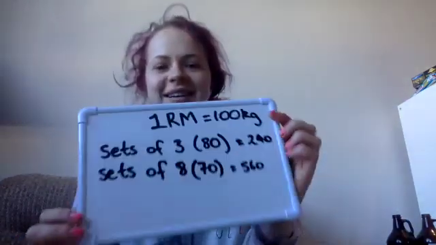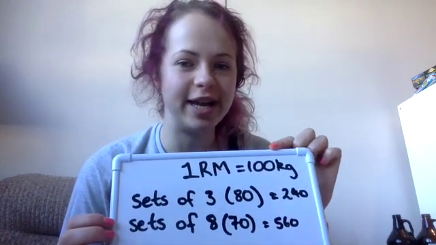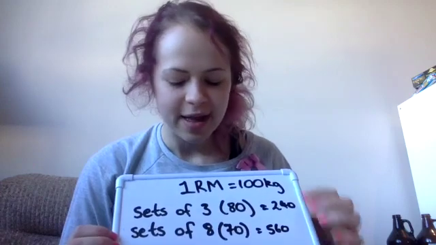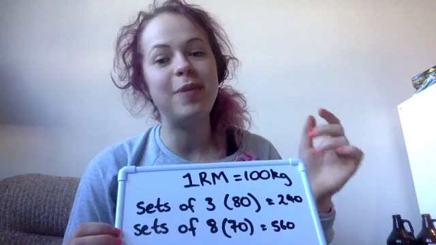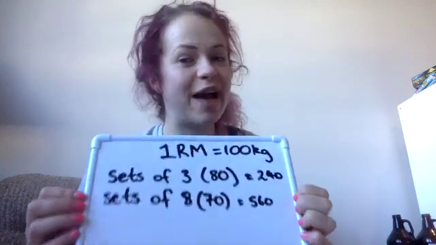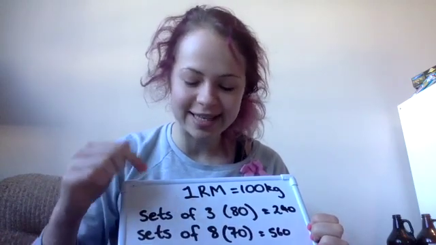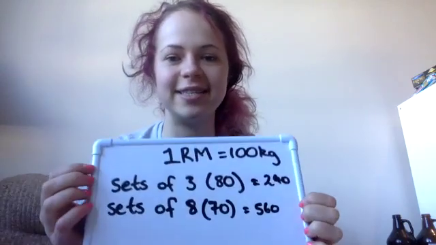The reason the 8 to 12 rep range is most ideal for hypertrophy is that it's easier to get your total training volume up in that rep range. Say, for example, someone's squat 1RM is 100 kilos. Hypothetically, they should be able to do sets of 3 at around 80% of that, and sets of 8 at around 70% of that, which is what I have for you guys. If you see, I have you doing sets of 3 at 80%, and sets of 8 at 70% for a given exercise.